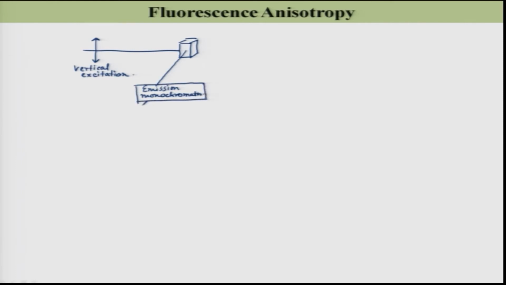Here is my vertical excitation, and here is your sample, and emission is collected at a right angle, and I have an emission monochromator and then I have a detector.